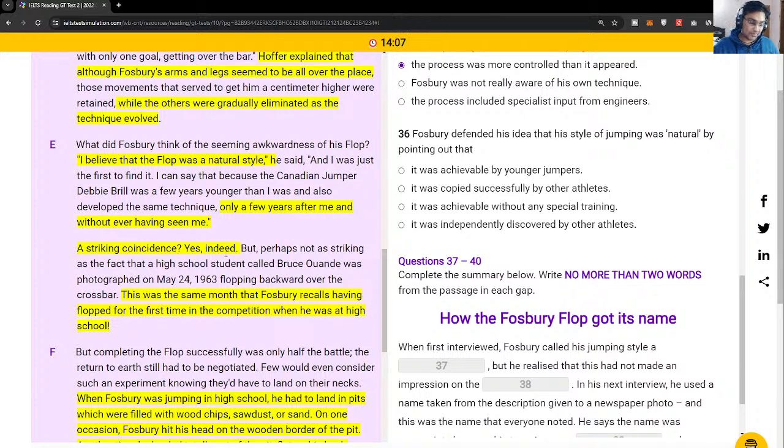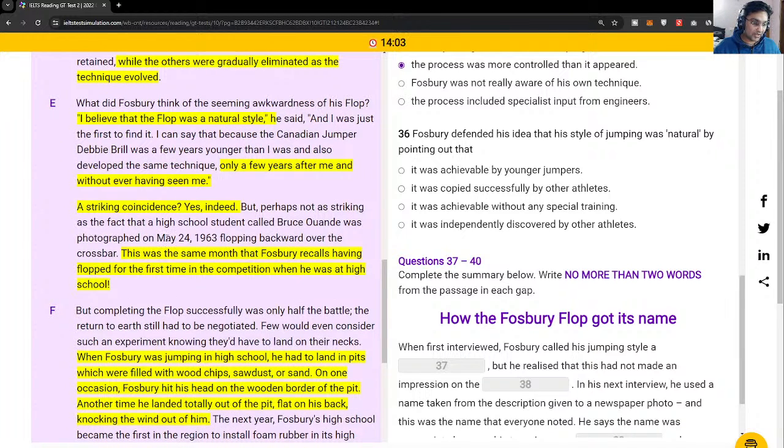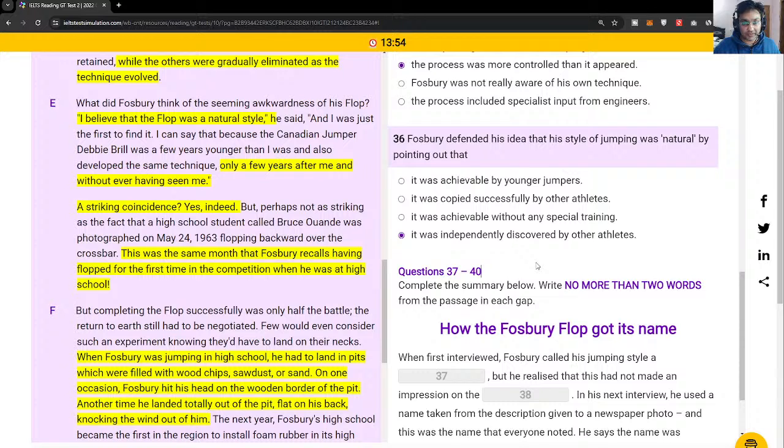Yes, indeed, but perhaps not as striking as the fact that a high school student called Bruce Owande was photographed flopping over the crossbar in the same month. Independently discovered by other athletes. It was achievable, but this seems to be the best option right now.